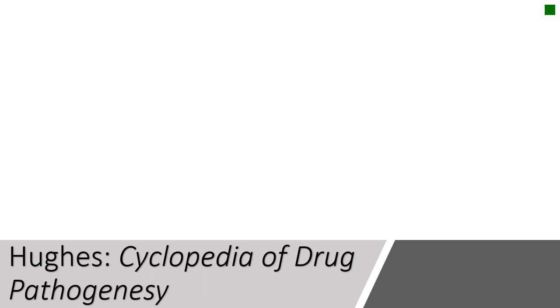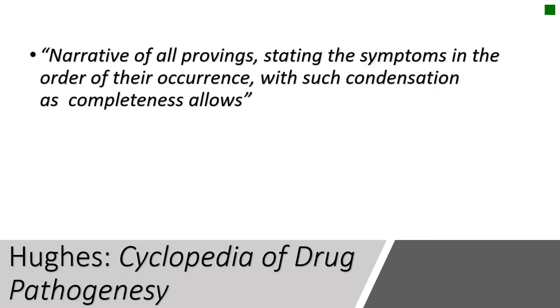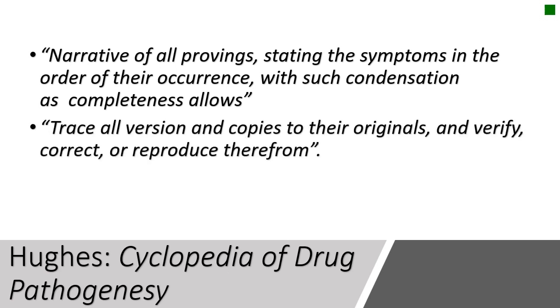Now, I mentioned earlier, the name of the book is Cyclopedia of Drug Pathogenesis. When he wrote the book, in the introduction, Hughes says that it's a narrative of all provings, stating the symptoms in the order of their occurrence, with such condensation as completeness allows. So it's a pretty big volume with very little stuff that has been summarized, but the important point is that it's in the order of occurrence.